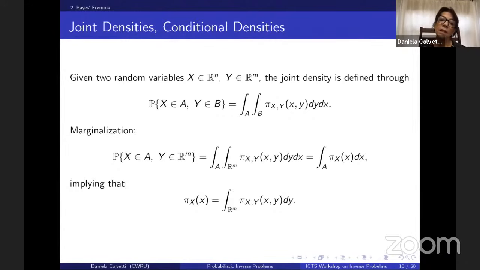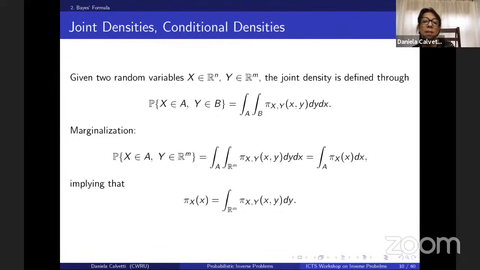They play the role of our unknown and our observations, and we can define the joint density of X and Y. With the joint density, we can express the probability that X is in a subset A and Y is in a subset B. So we want to see how likely it is that X is in A and at the same time Y is in B.